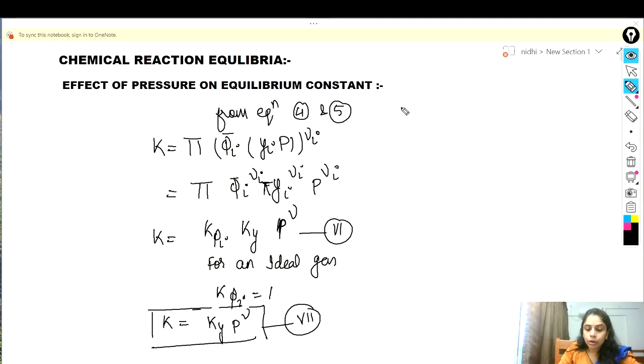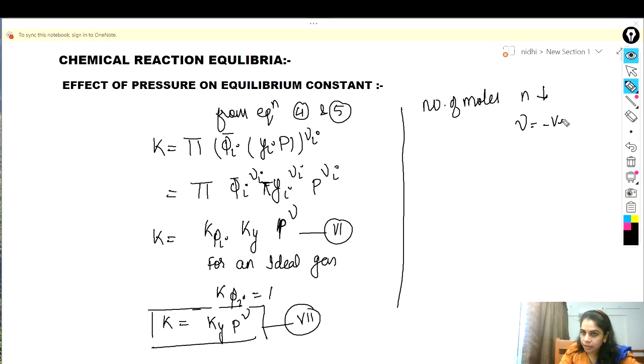So if the number of moles in a reaction decreases, then nu will be negative, and if pressure rises, then P to the power nu will decrease.